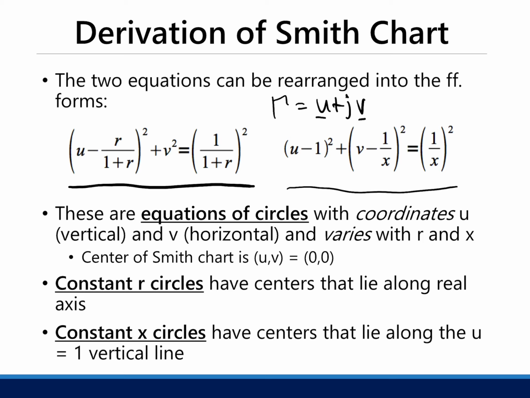The center of the Smith chart is when u is equal to 0 and v is equal to 0, and that would make it the matched condition, or if your ZL is equal to Z0.